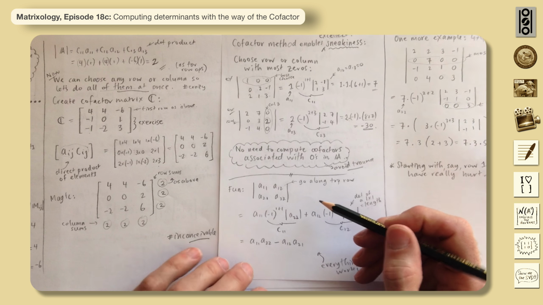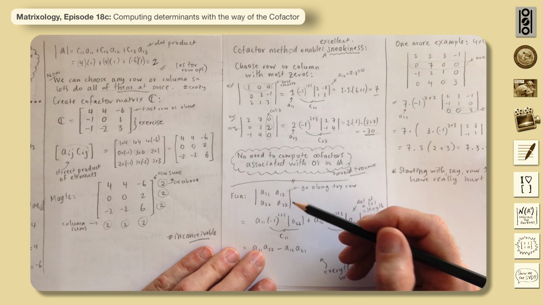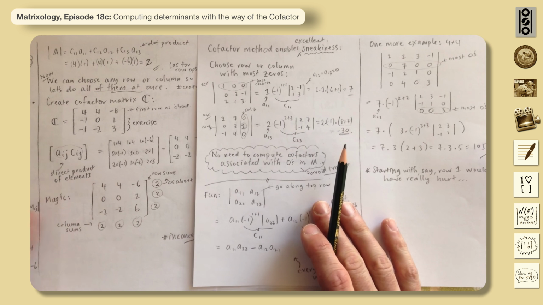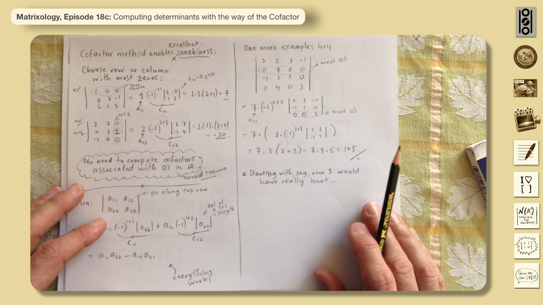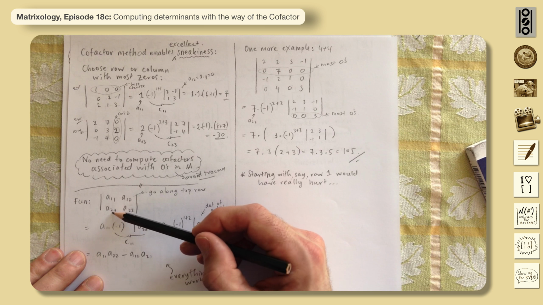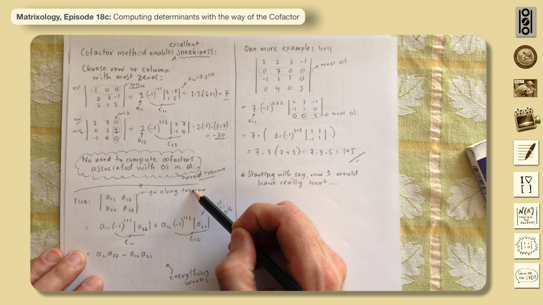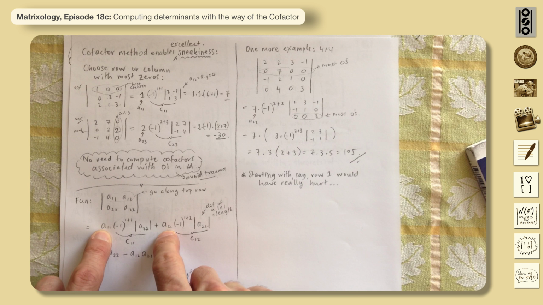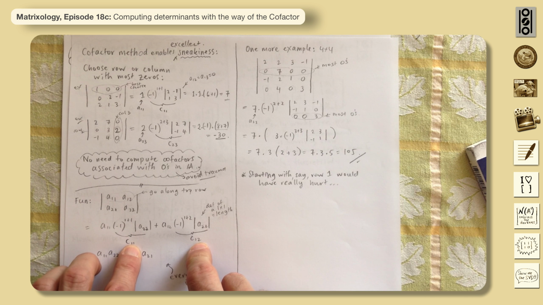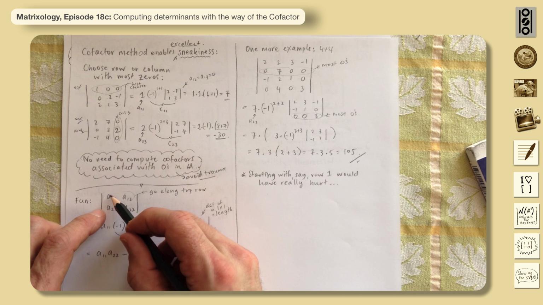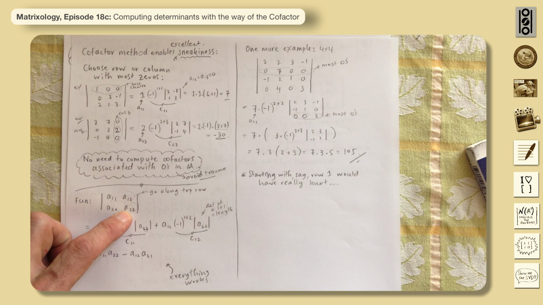All right, let's go back to 2 by 2s for a little bit of fun. We've got A11, A22, A12, A21. We're going to go along the top row here. That's what we'll choose. So it's A11 and A12, the dot product with C11 and C12, the cofactors associated with those points. What are those cofactors? It's minus 1 to the 1 plus 1, and if you cross out this row and this column, you're just left with A22.